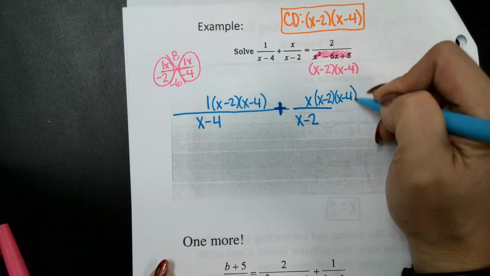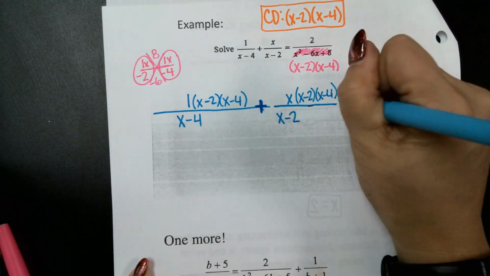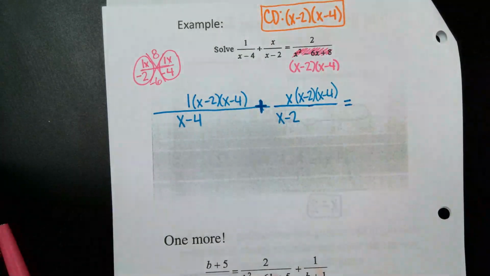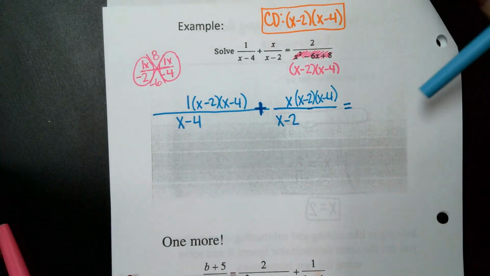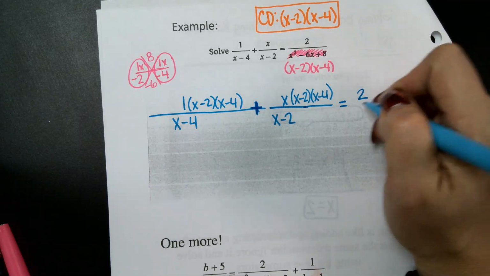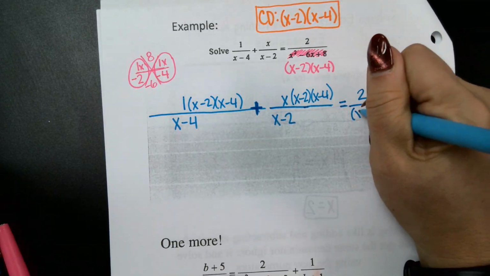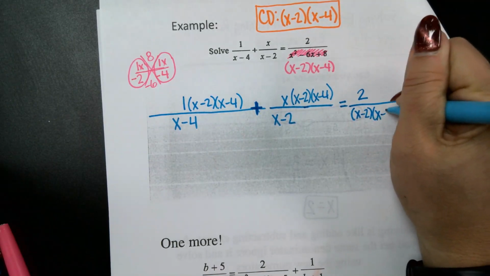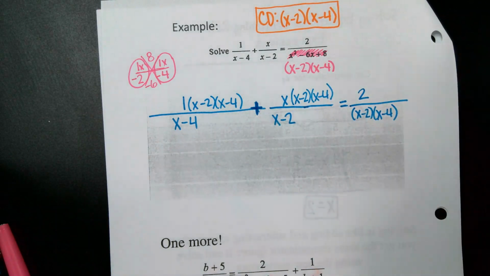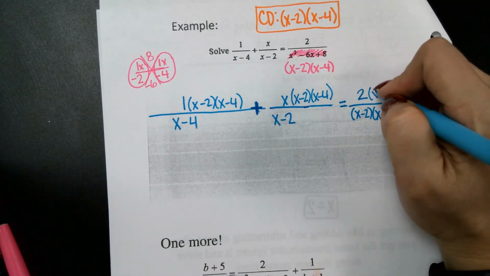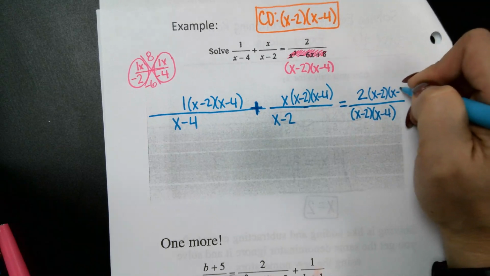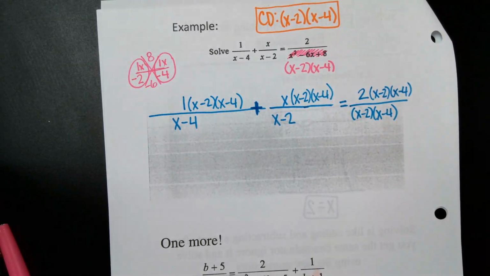So I'm going to squeeze both of those in up top. And then equals, my last fraction had 2 over x minus 2 times x minus 4. But then don't I have to multiply the top by x minus 2 and x minus 4? Okay.